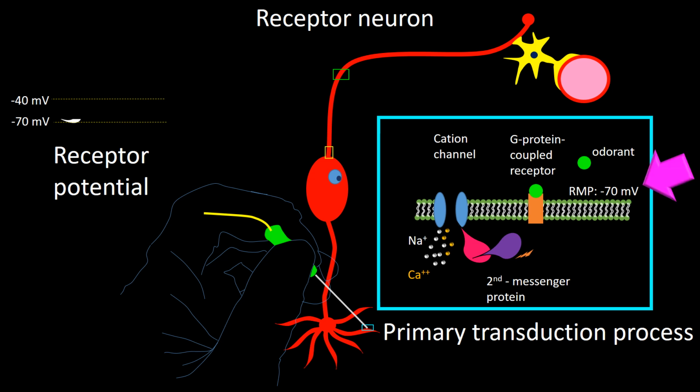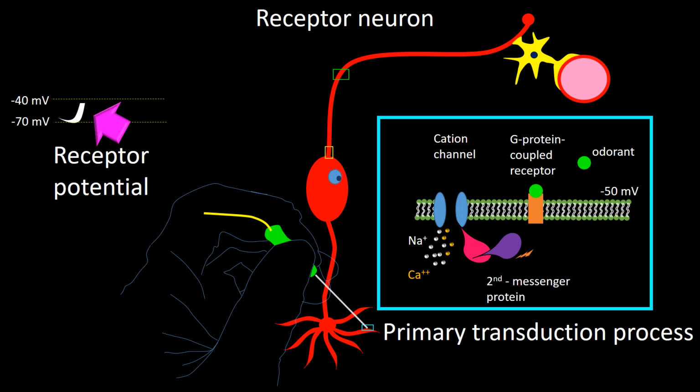This is the cell at rest. A small rise in membrane potential is reflected in this illustration by the increased membrane potential to minus 50 millivolts, and illustrated here.